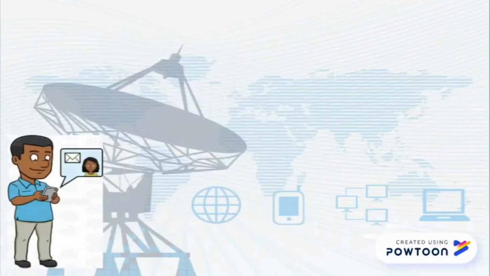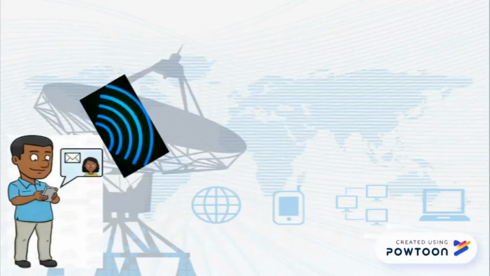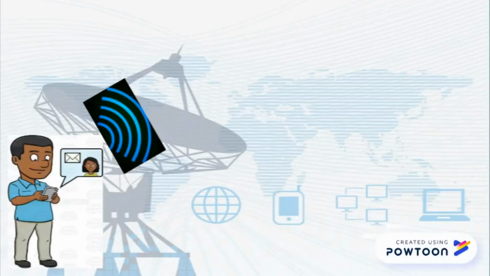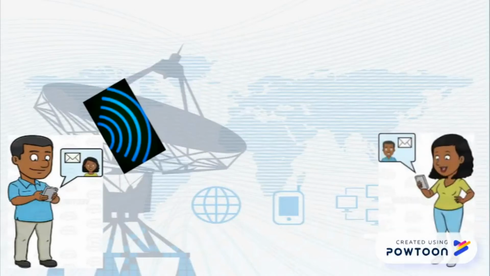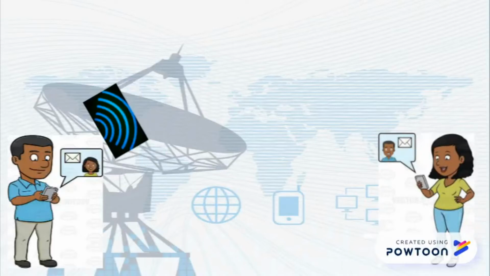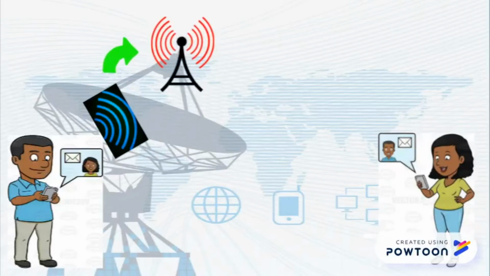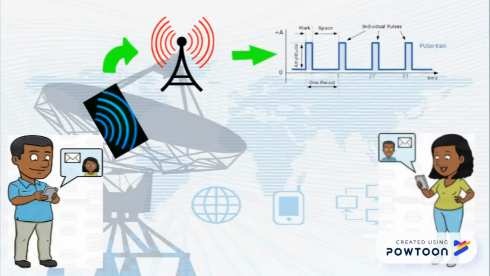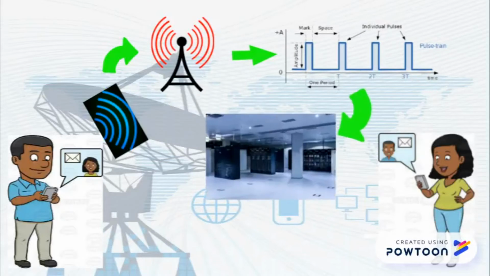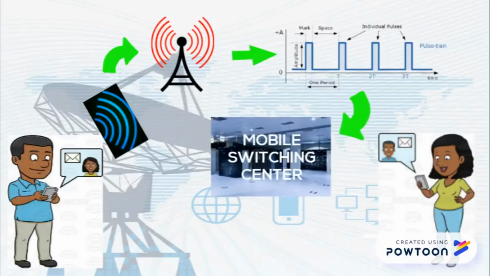Whenever someone sends you a text, their phone transmits radio signals which convey the identity of both their phone and yours along with the content of the message. These signals are then picked up by the tower closest to them, which converts the radio waves to a digital electrical impulse and passes it along to a hub of the network called a mobile switching center.